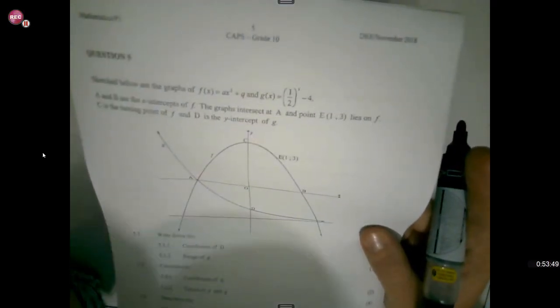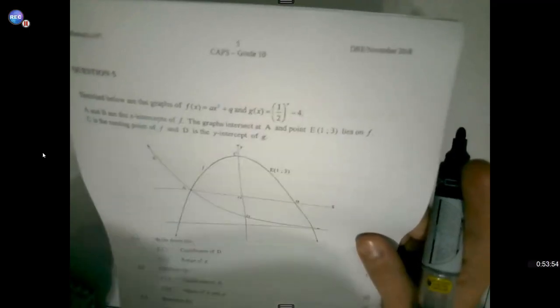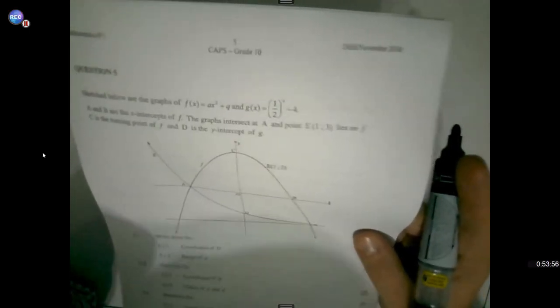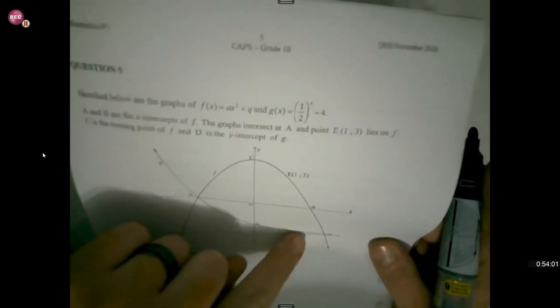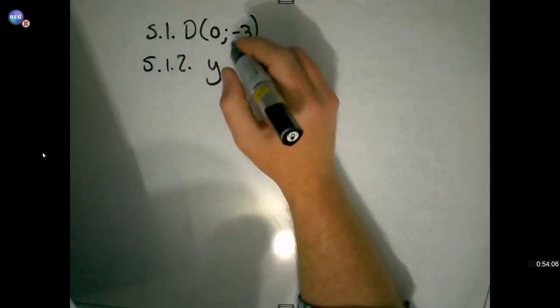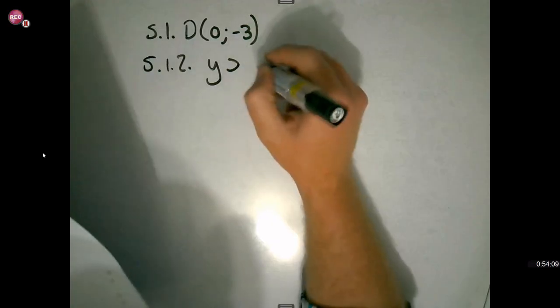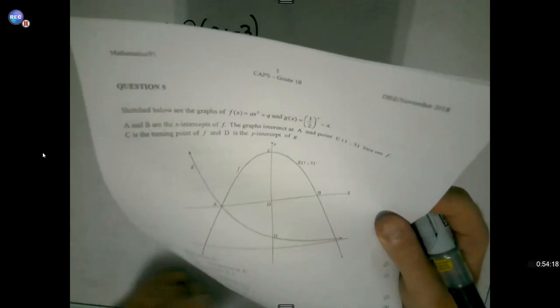Look at the q value for the graph, which is the y-intercept, and the q value is what you then use to get the range. You'll also see that the graph comes from top left to bottom right, so the range would be y is greater than negative 4.